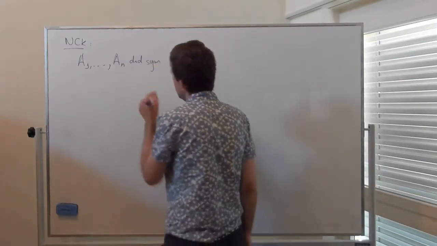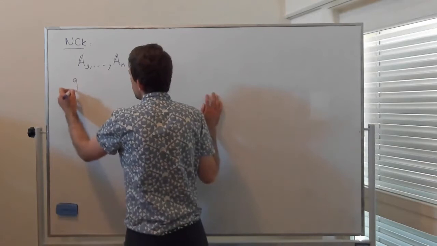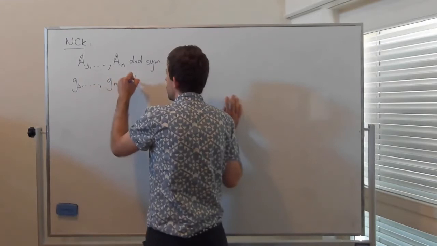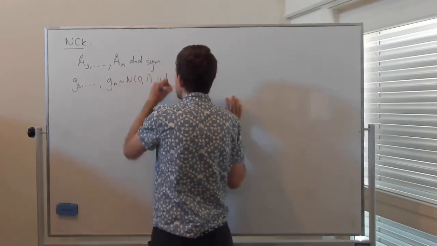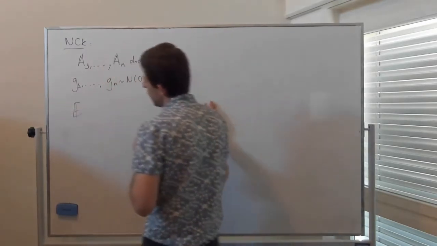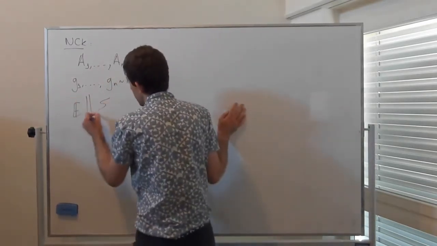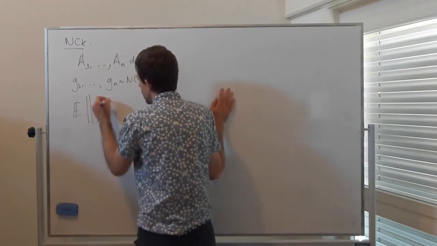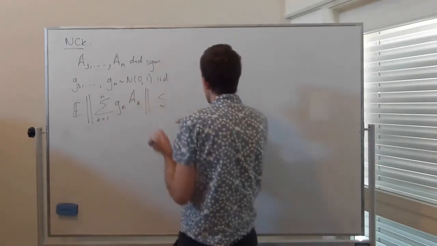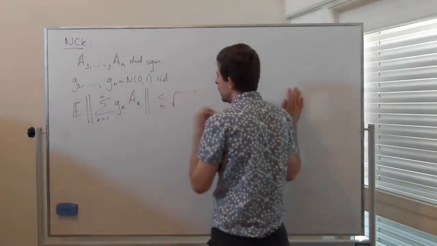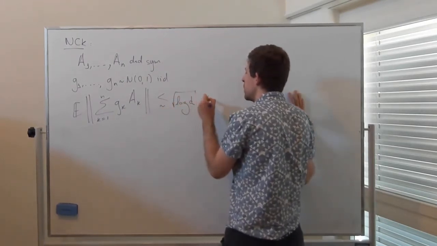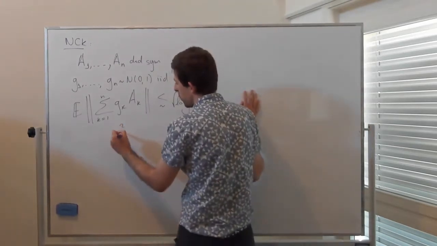The statement was, if we have Gaussian random variables g1 through gn, all of them N(0,1) IID, the expected value of the spectral norm of this Gaussian series, sum of gk Ak, was smaller or equal, and here I'm not going to care about constants for now, than a logarithmic factor on the dimension times sigma.